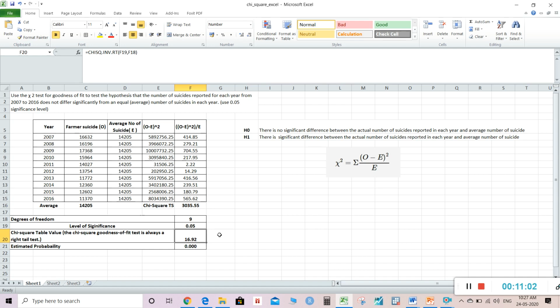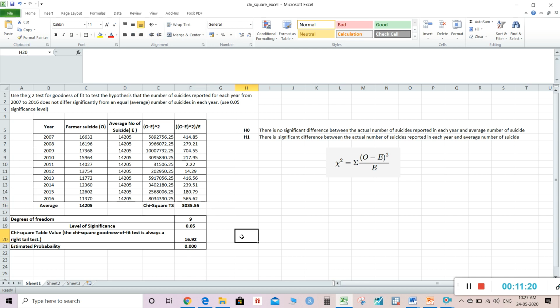If your test statistic is greater than the table value, you reject your null hypothesis. Here, your test statistic is 3035 and your table value is 16.92.